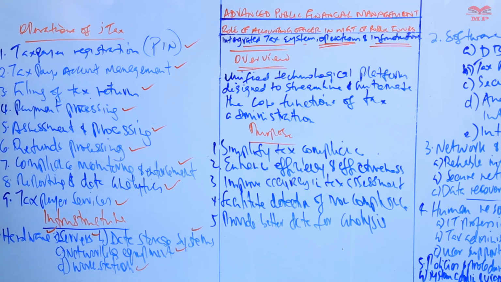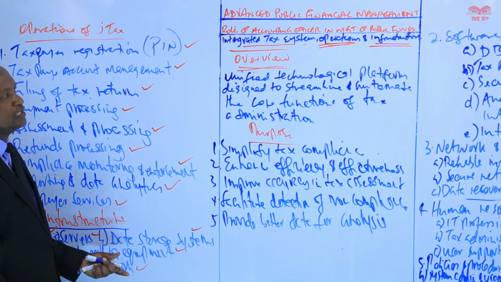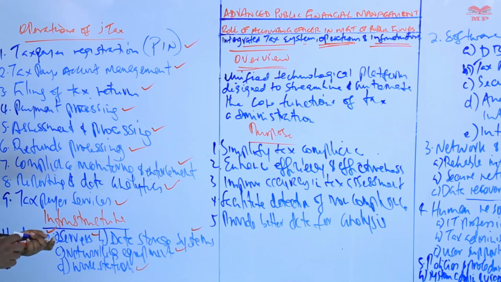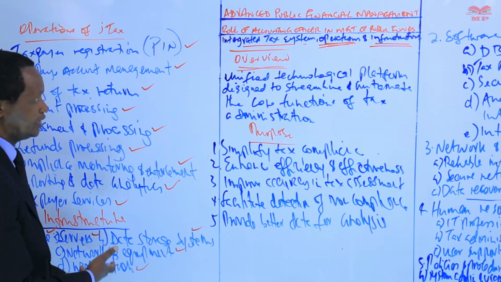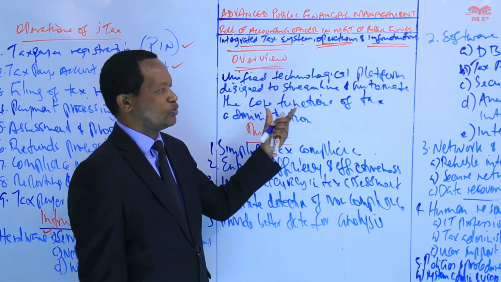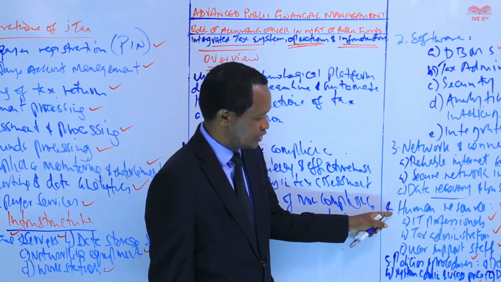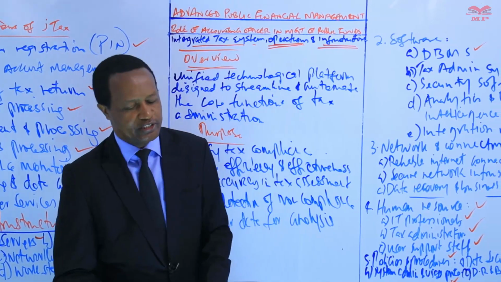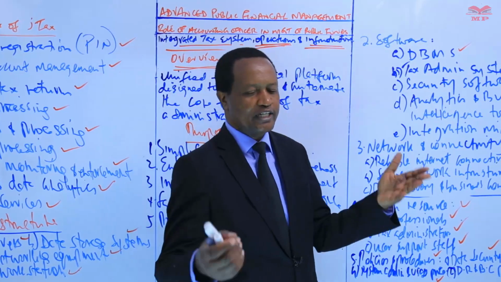We identified the registration of PIN and the account management of taxpayers, filing of tax returns, payment processing, assessment and processing, refunds processing, compliance monitoring, enforcement, reporting and data analytics, and taxpayer services. Then lastly, we studied the infrastructure that is required. We've gone through the hardware, the software, network and connectivity, human resource, policies, and procedures.